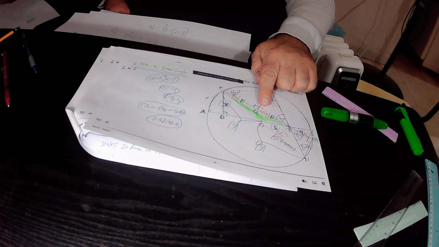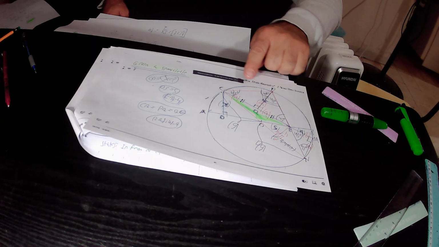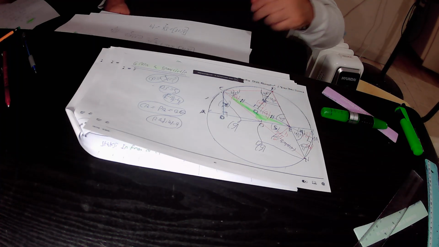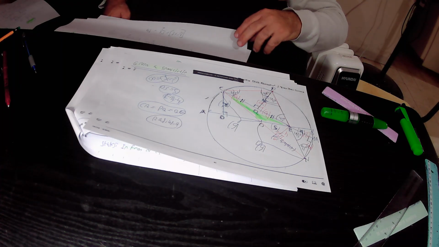So the area of this green triangle COE equals the area of the big triangle CEN over 2. This is half of the area of the big triangle CEN.